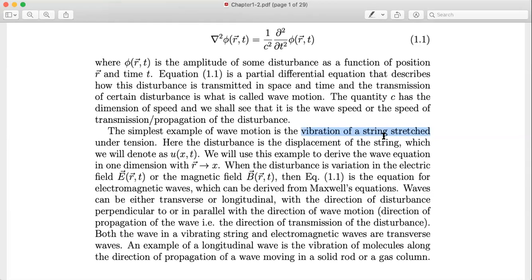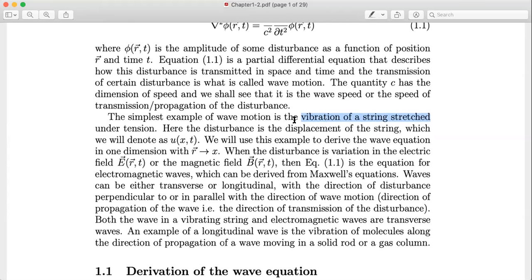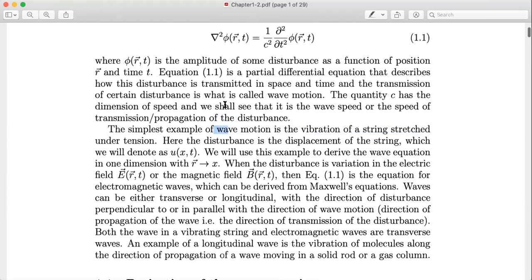But we are going to relax that assumption and consider the case of general displacement, not only small displacement, and we'll see whether the equation will change or not. We will talk about the string vibration later in detail to derive this wave equation.